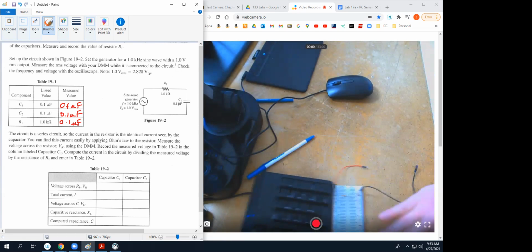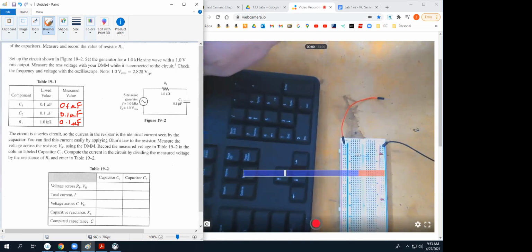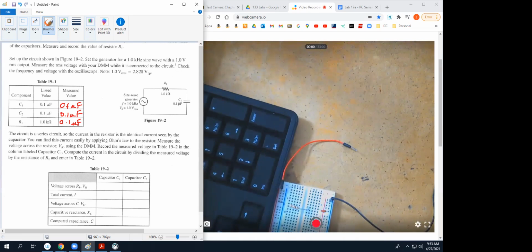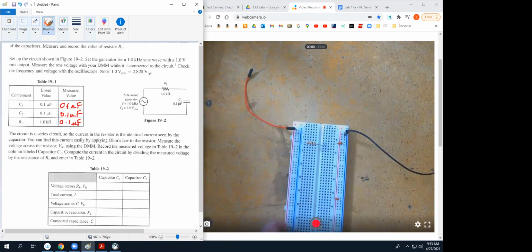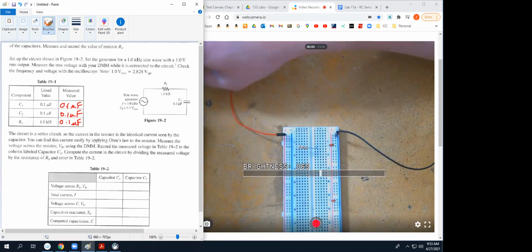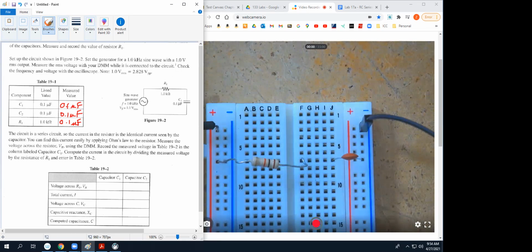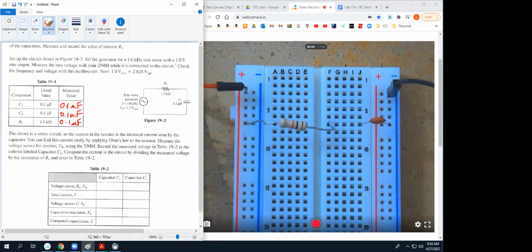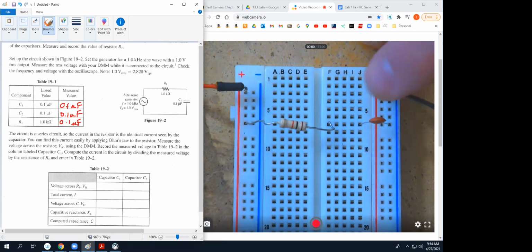I've got my 1K ohm resistor in series with my 0.1 microfarad capacitor.